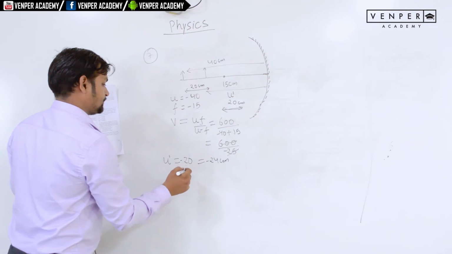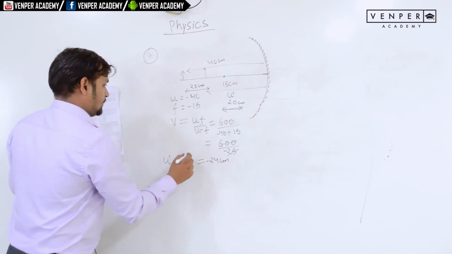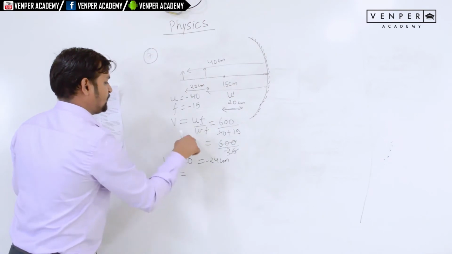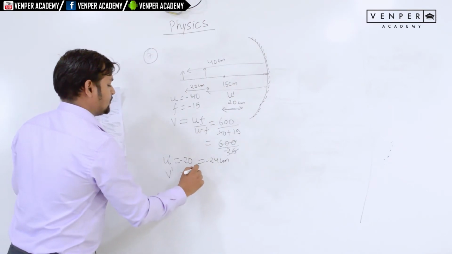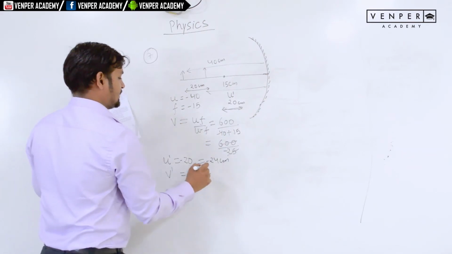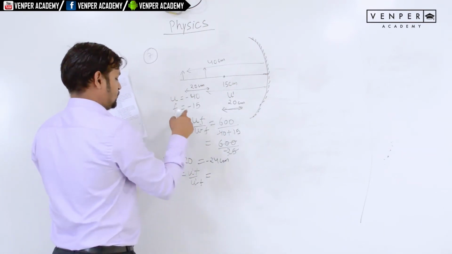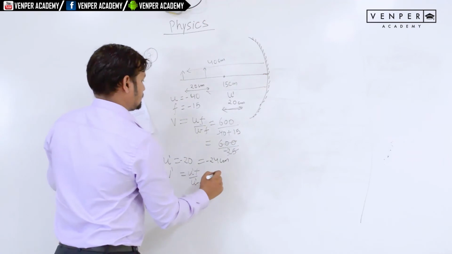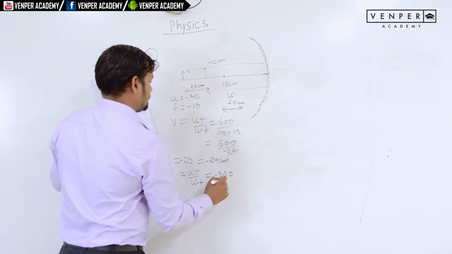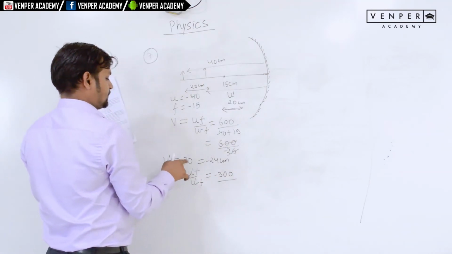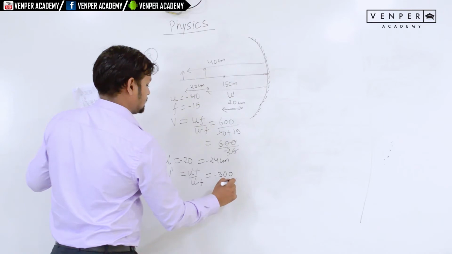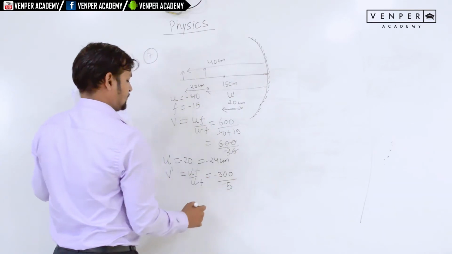Next, so V dash will be equal to U dash into F by U dash minus F. So here you can say that 20 into 15, this value is 300, divided by U minus F. U minus F means minus 5.